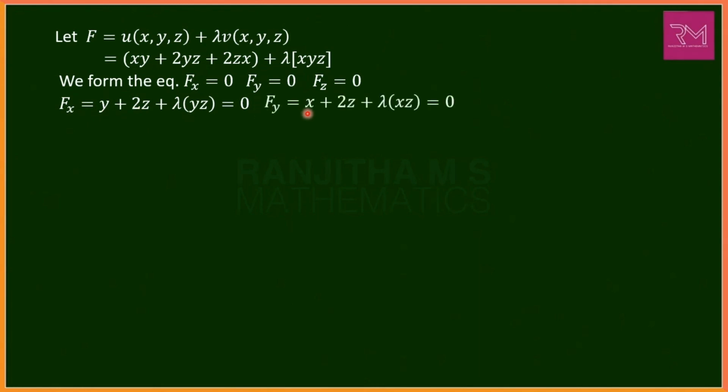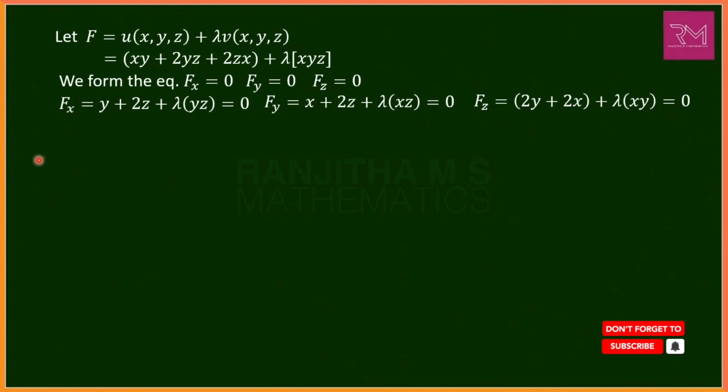In the similar way, fy is differentiation of f partially with respect to y, that is x into y differentiation is x, plus 2 into z, plus lambda into the differentiation of xyz, which is x into z, which is equal to 0. Similarly, fz is differentiation of f partially with respect to z. Here this is 0. Here this value is 2y plus 2x plus lambda into x into y, which is equal to 0. Here fx is equal to 0, fy is equal to 0, fz is equal to 0.